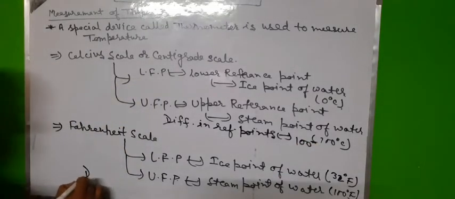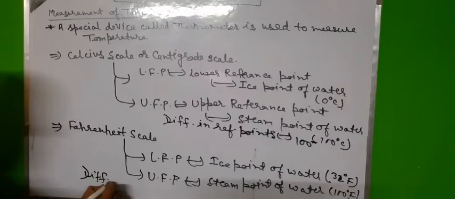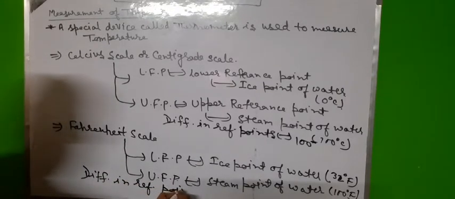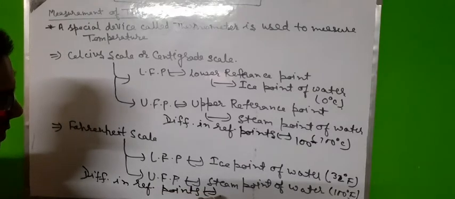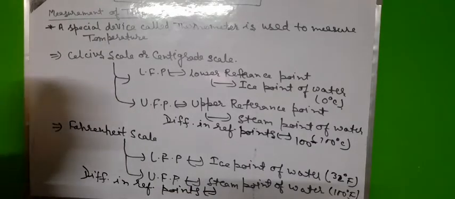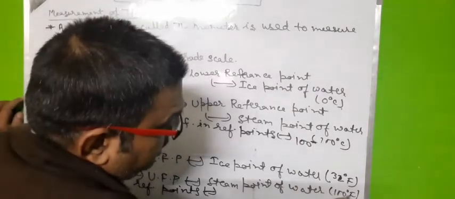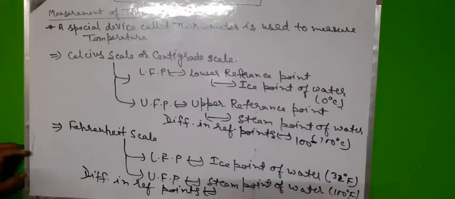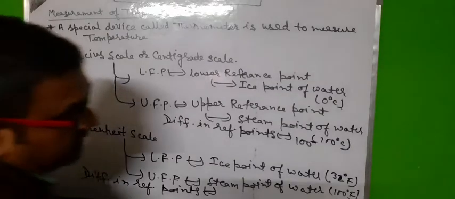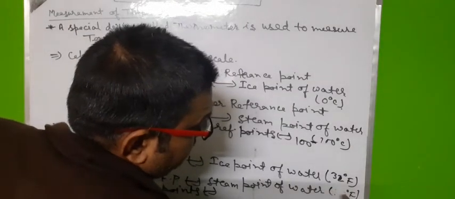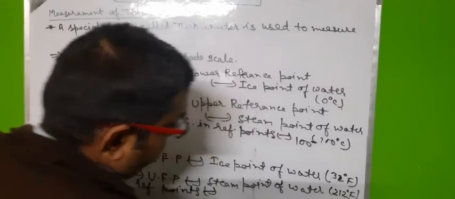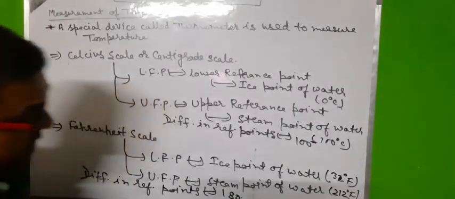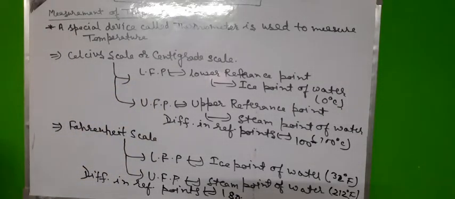And in the Fahrenheit scale, the lower fixed point is 32 degree and the upper fixed point is 212 degree Fahrenheit, so the difference is 180 in the Fahrenheit scale.